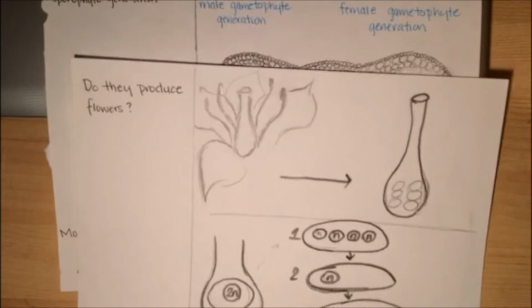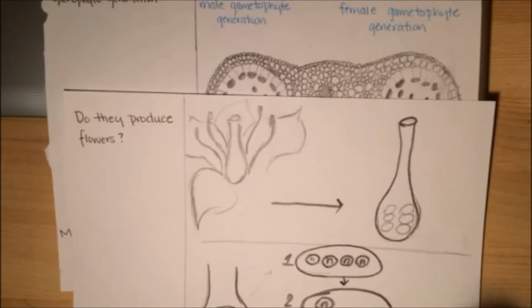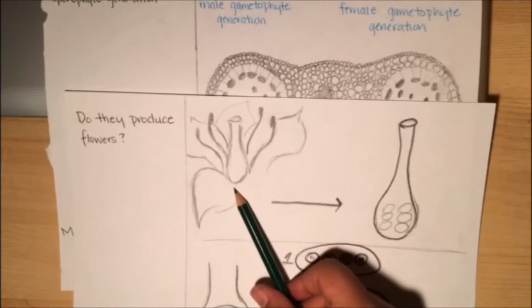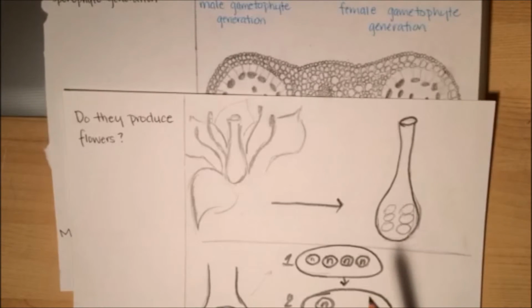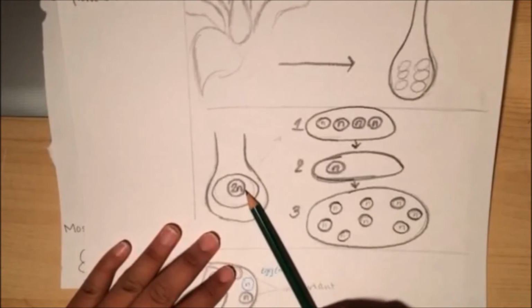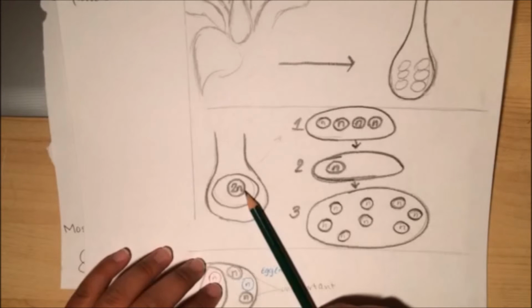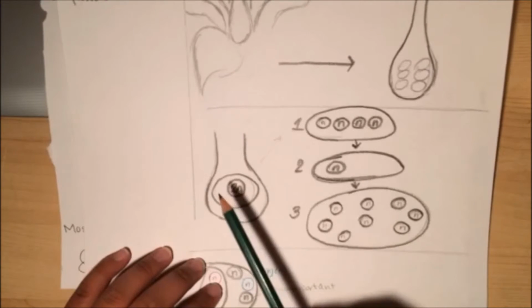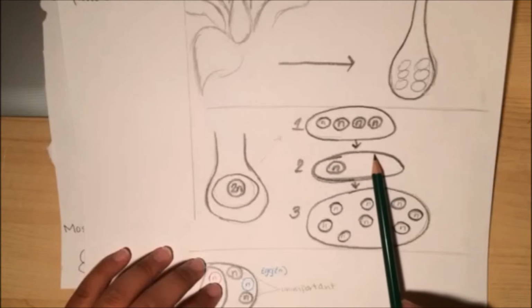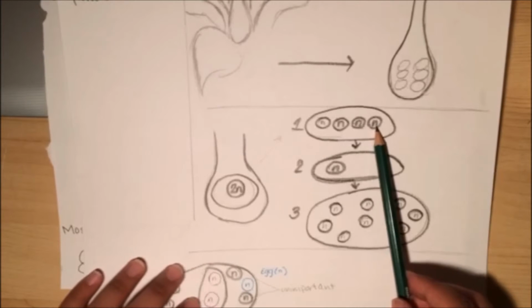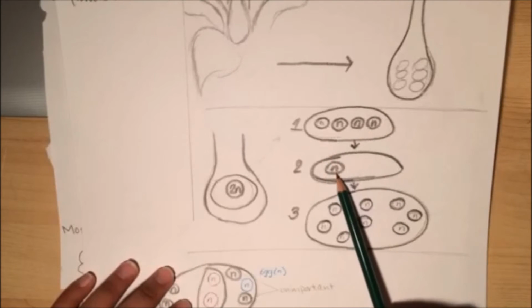Before fertilization occurs, the ovary has to undergo changes. In the ovary, there are several ovules. To make things simple, we will focus on one ovule. This ovule is a megaspore mother cell that is diploid, 2N. It will undergo meiosis, which produces 4 haploid megaspores. 3 will disintegrate, and 1 will survive.